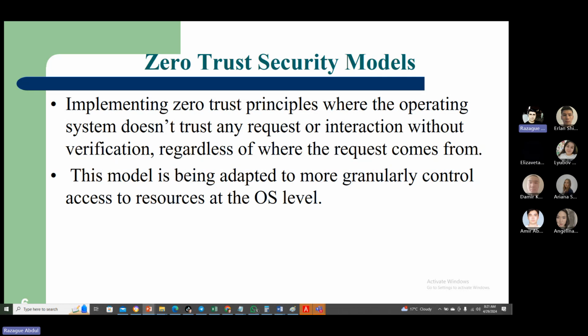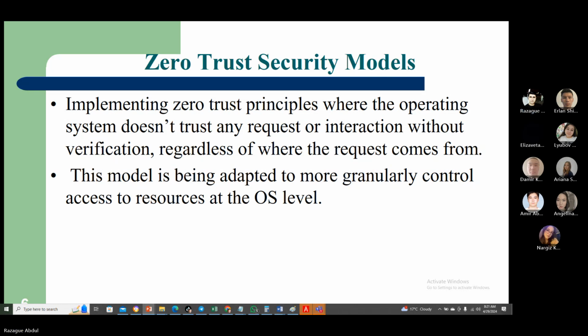The third component is micro-segmentation. In a zero trust framework, micro-segmentation refers to the practice of dividing security perimeters into small zones to maintain separate access for separate parts of networks.